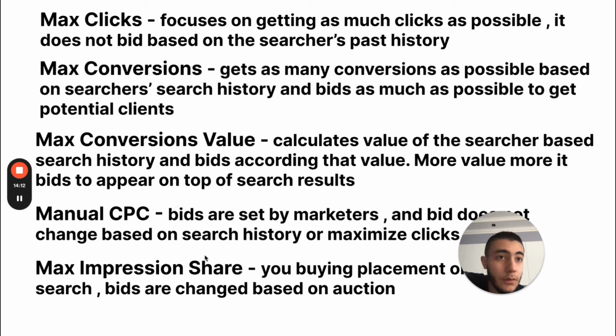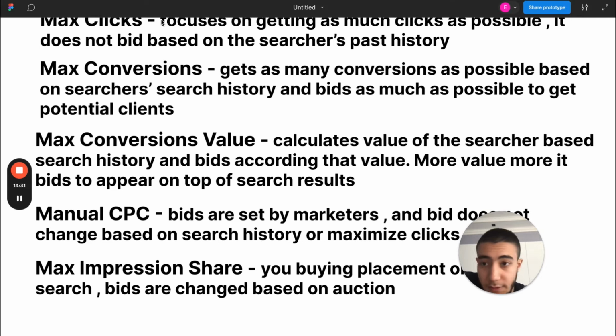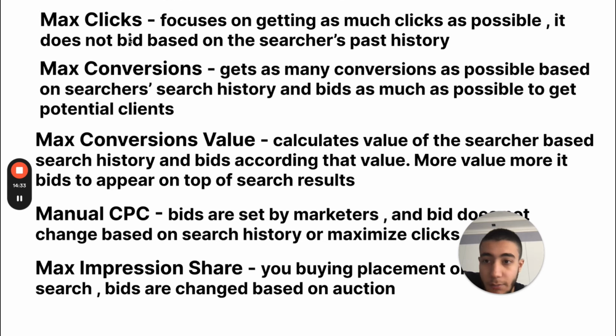For example, you set $20, and it's not gonna go higher than $20, and maybe it's gonna be lower than $20, but it's not gonna depend on the search history of the user. So it's best for starting out. These two bidding strategies, max clicks and manual CPC, are the best for starting out.